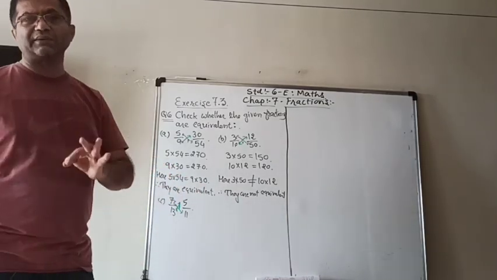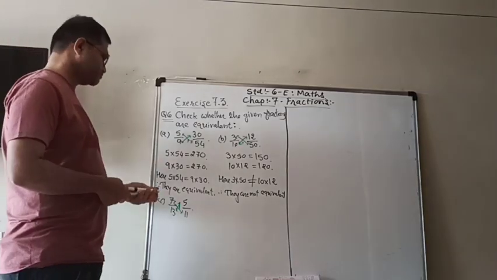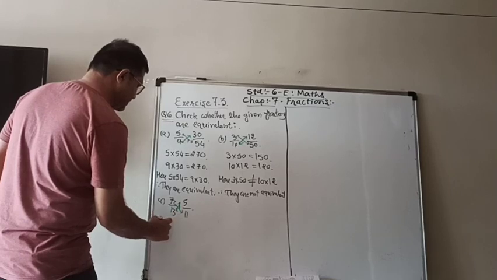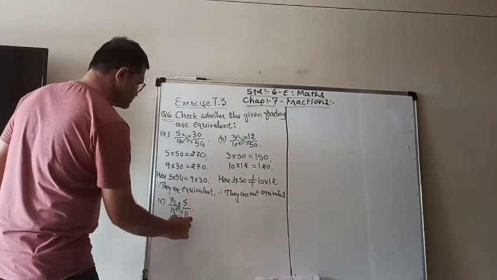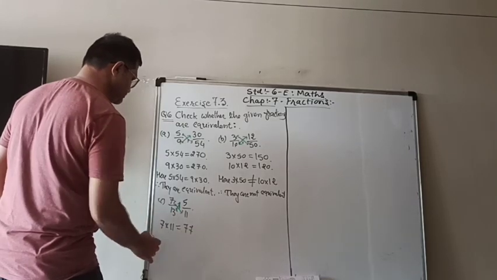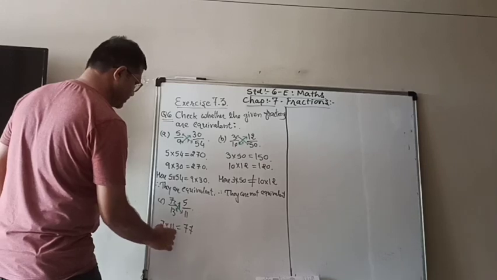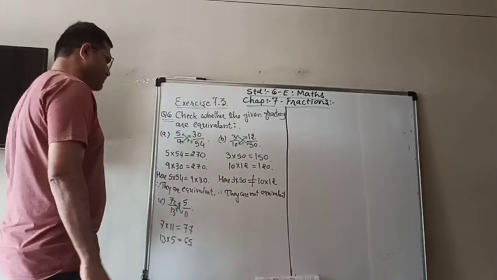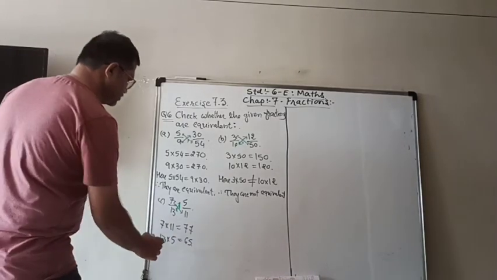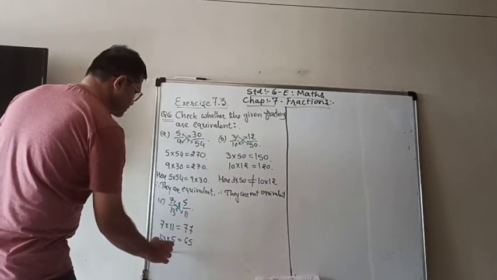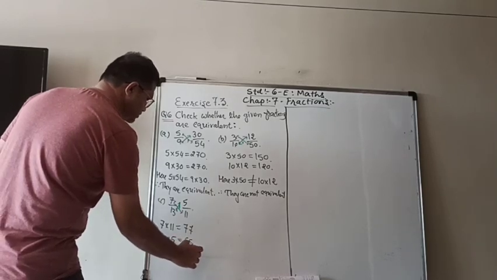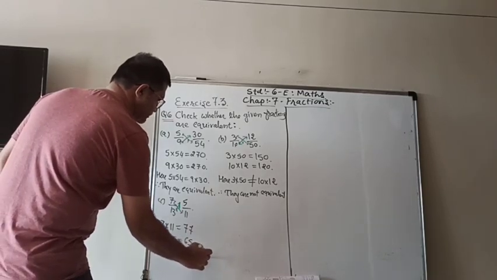You just have to multiply in the cross. So here 7 multiplied by 11 is 77, and 13 multiplied by 5, 13 fives are 65. Here also not equal. So 7 multiplied by 11 is not equal to 13 multiplied by 5.